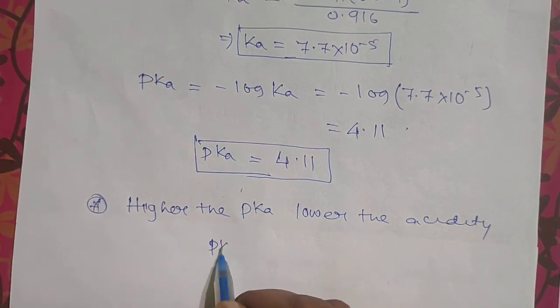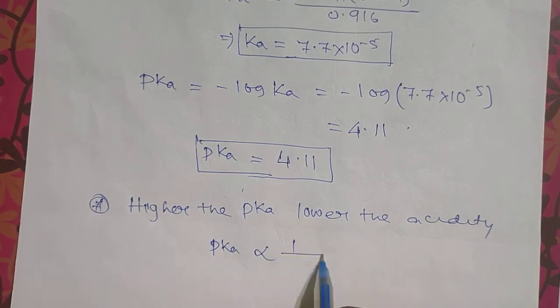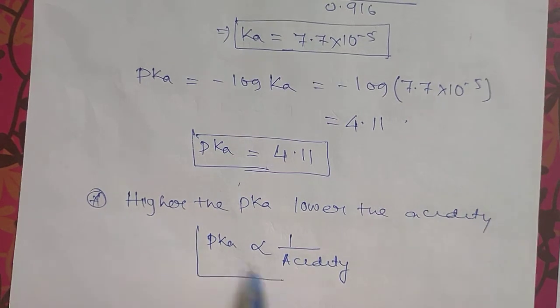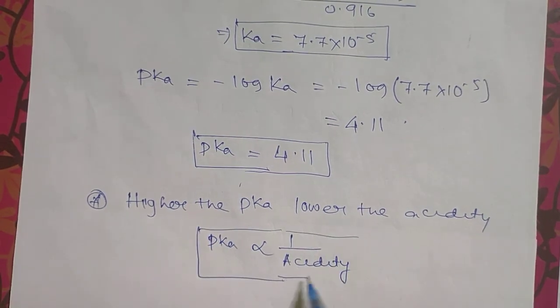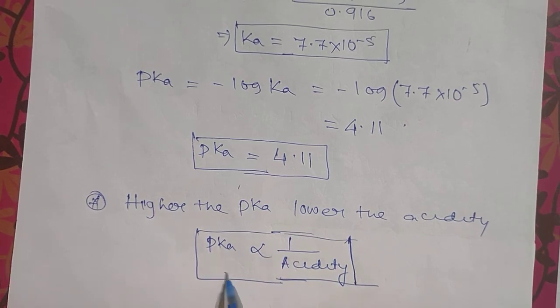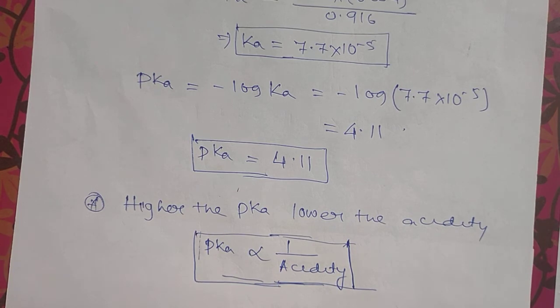So we can write that pK is inversely proportional to acidity. This will be helpful for you for 2-mark questions in organic chemistry, GOC, in the CSIR exam. They usually give you the pK data and ask about basicity or acidity in this way.